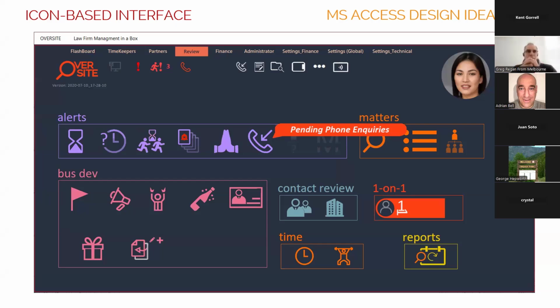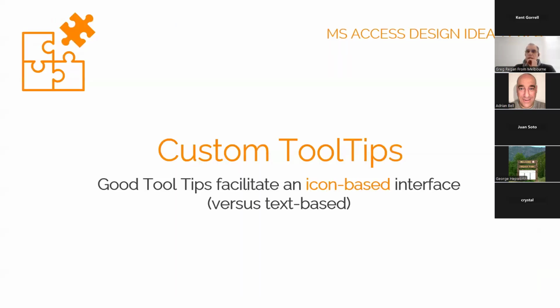The icons will come to have meaning just with use over time. So if you look at just the sample screen we've got there, the mouse will be floating over that telephone icon, and the pop-up tooltip is describing it. So that would lead to a form which would be pending phone inquiries. Good tooltips facilitate an icon-based interface.